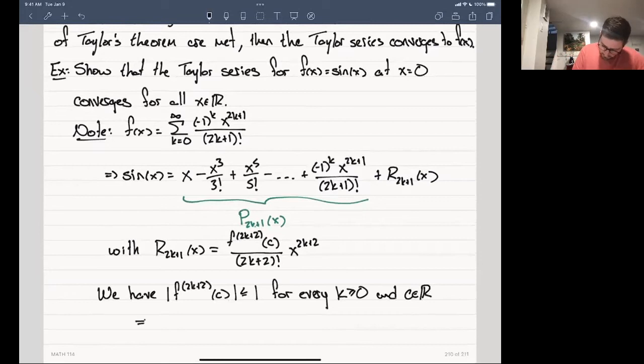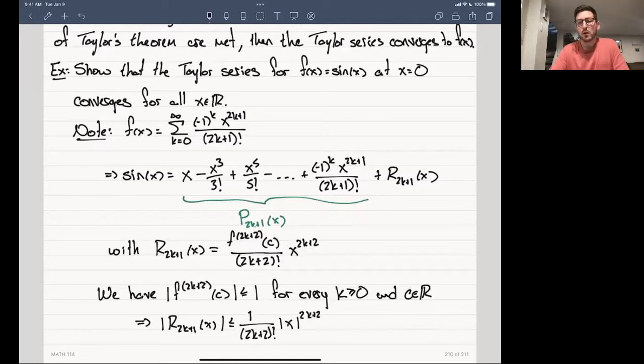So this implies that my remainder terms are less than or equal to 1 over 2k plus 2 factorial, and then x to the 2k plus 2.